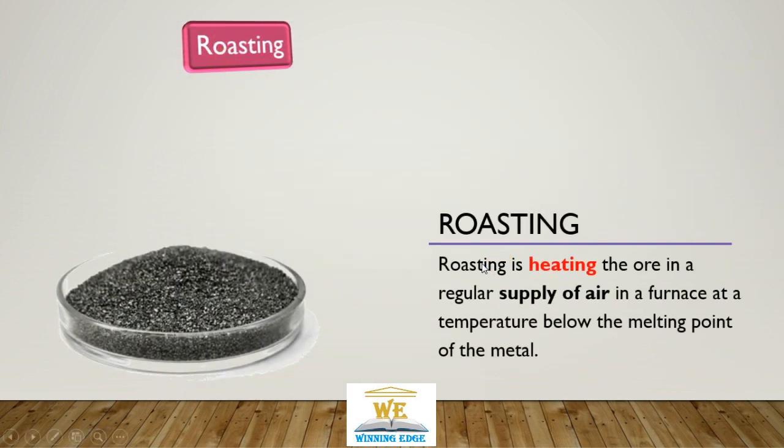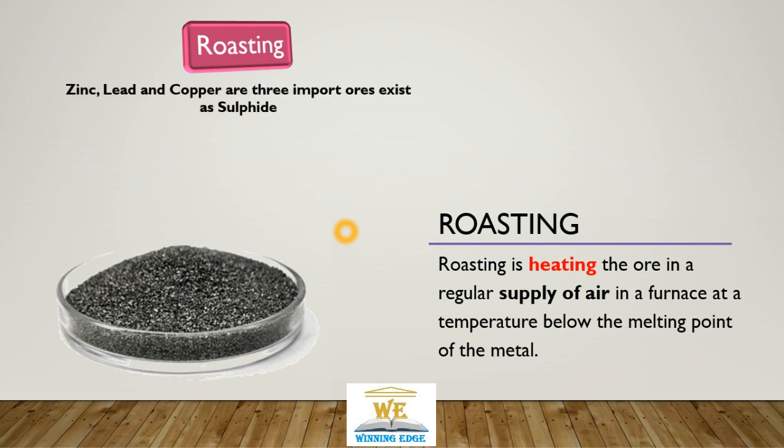Roasting. Roasting is nothing but heating the ore in a regular supply of air at a temperature below its melting point. Like we heat the ore in ample supply of air. Zinc, lead and copper, which are important ores, exist as sulphide.